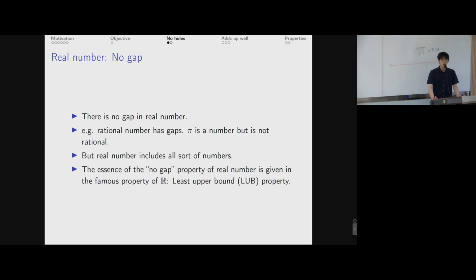Normally when we describe the real number system, we use the curly R as the set of real numbers. So whenever I use R with the curly sign, just think of it as the real numbers. This no-gap property is very famous and has a name, the least upper bound property, abbreviated LUB, which we'll discuss in a minute.